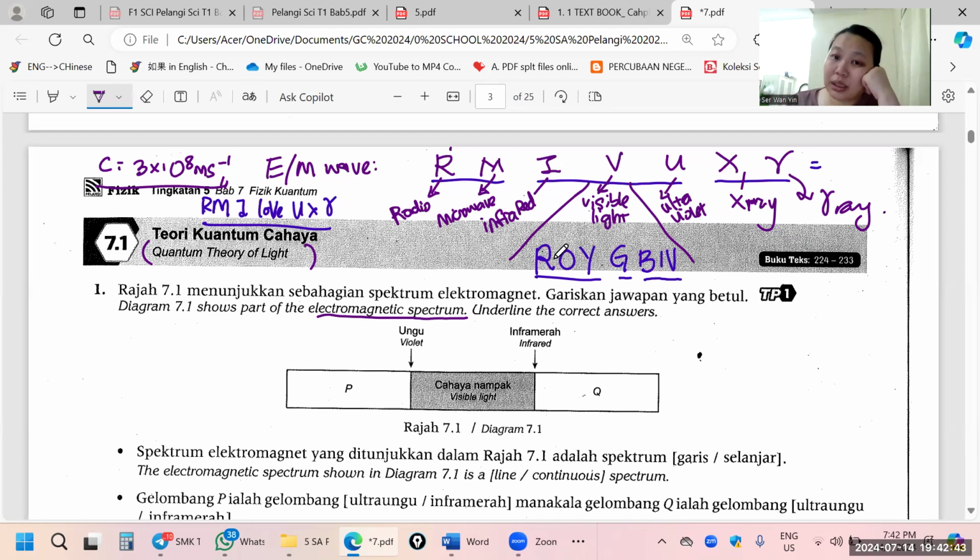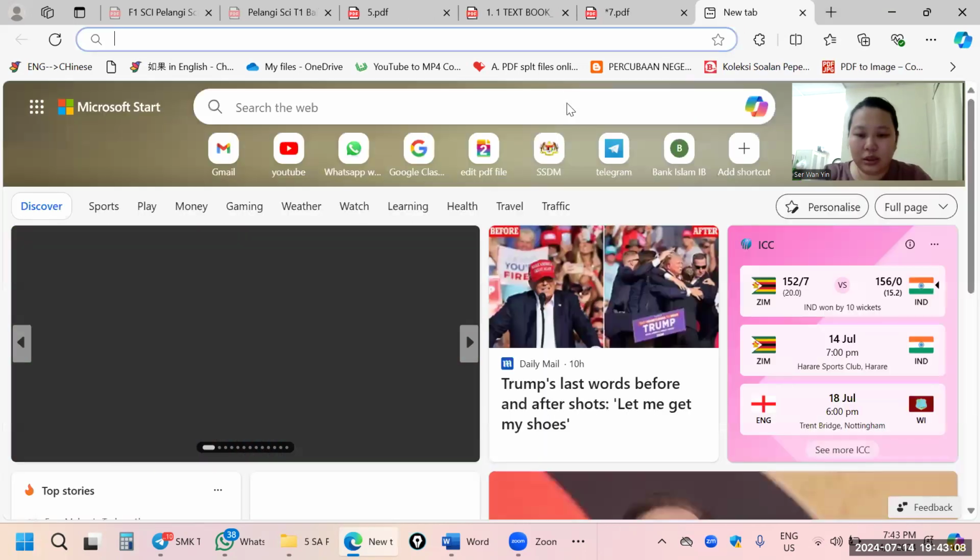In English, you can remember it this way: Roy give birth. Roy means red, orange, yellow, green, blue. You all normally don't see that, called indigo. Indigo, V means violet. Okay, what is indigo?